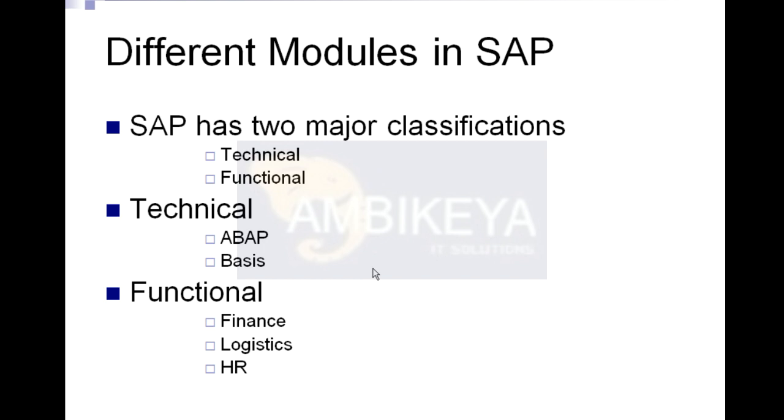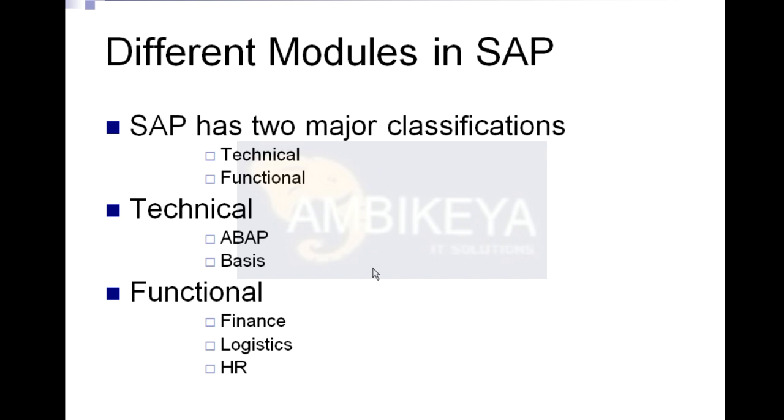Okay. And when it comes to functional, there are three major classifications or major modules: finance module, logistics module, HR module. In finance there is FI, then controlling, then other modules like RMCA, which means revenue management and all. Logistics comes under SD, MM, and then production planning, then project system.